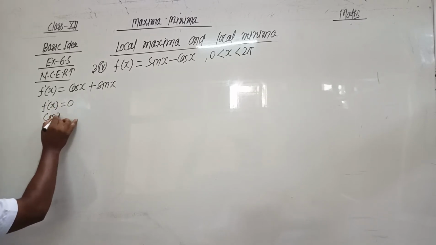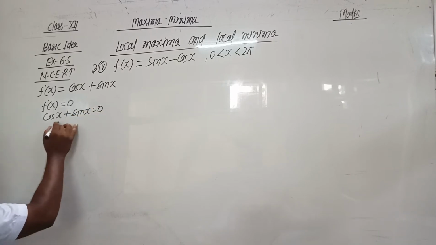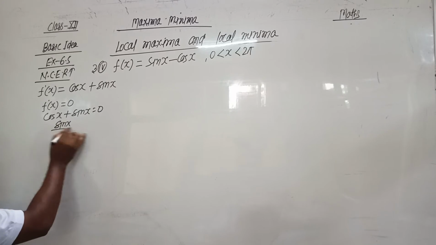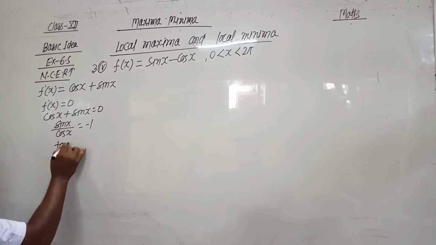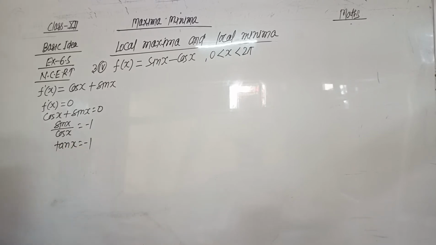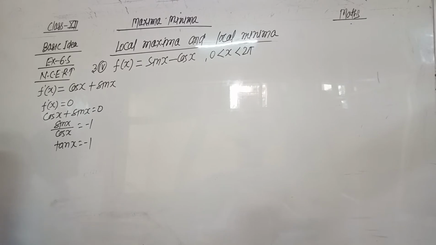This implies cos x plus sin x equals 0, so sin x by cos x equals minus 1, and tan x equals minus 1. Now we have the interval from 0 to 2 pi. In this interval, the value of tan x is minus 1. In which quadrant does it lie?